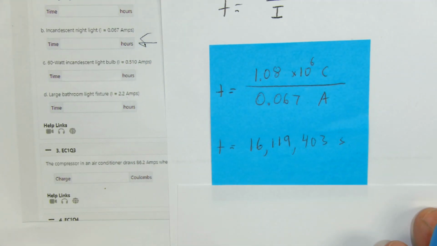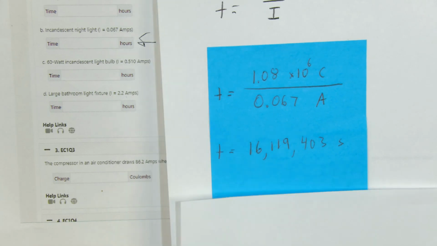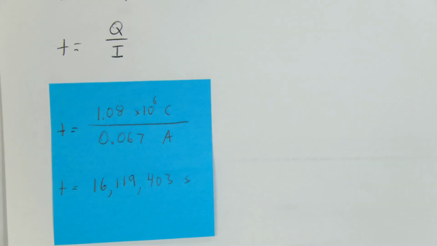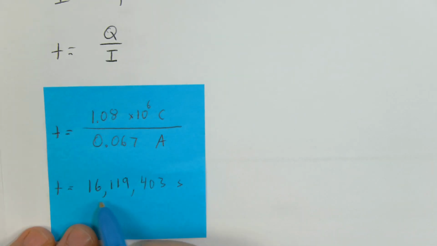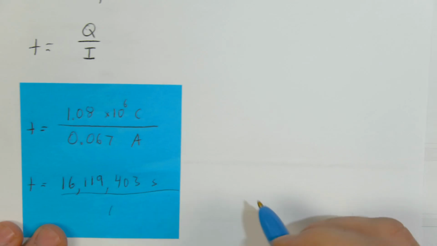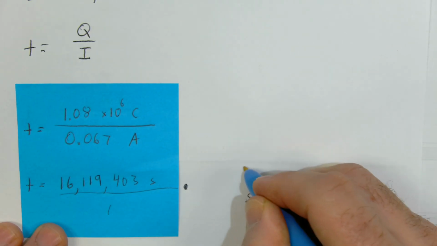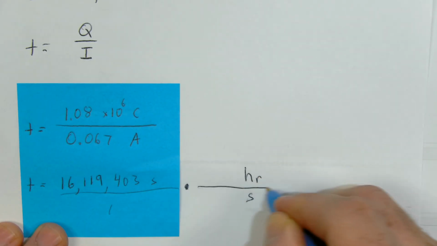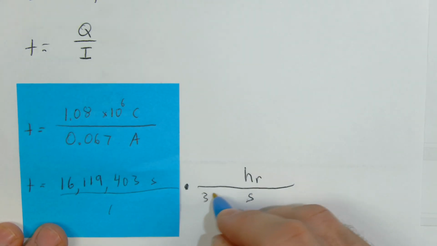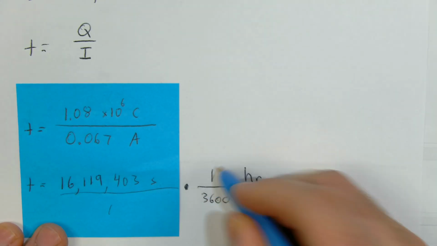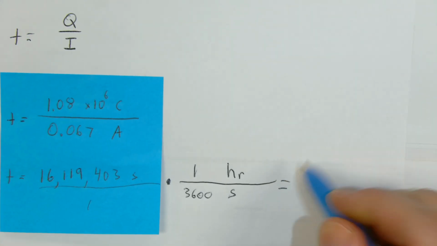So we need to do unit conversion, and I'm going to move this over here to show you that. To fix this, we could do over 1 times, we've got to put seconds on the bottom. Ultimately, we want hours on top. So what would a conversion between these be? We do know that 3,600 seconds equals 1 hour. So that's going to be our trick there.